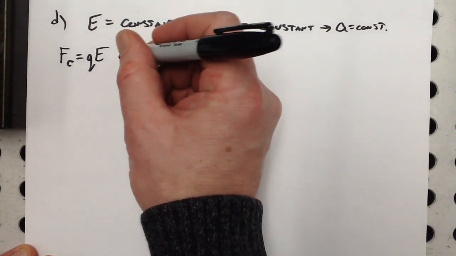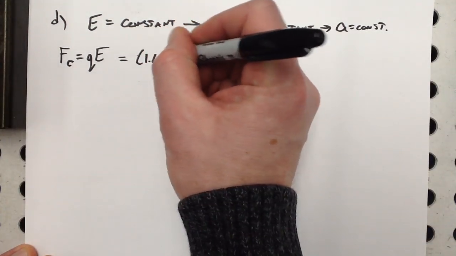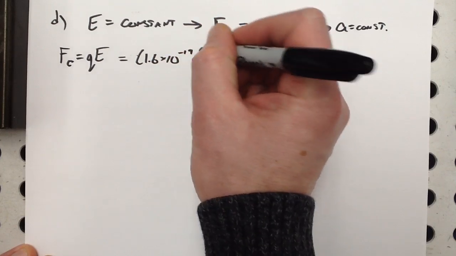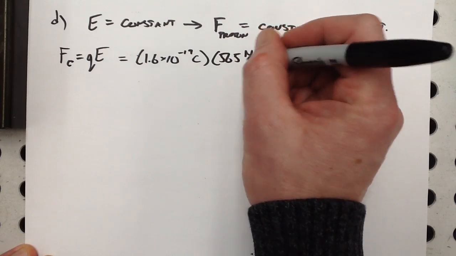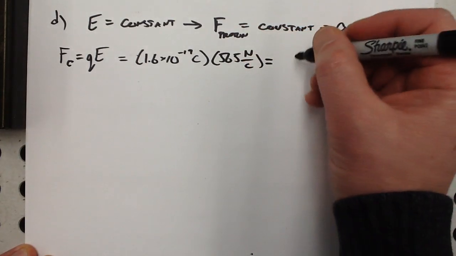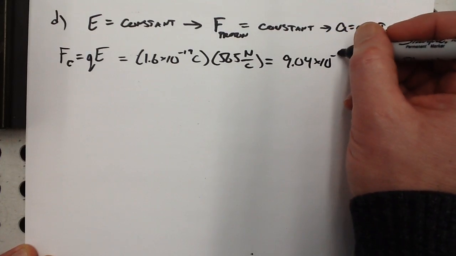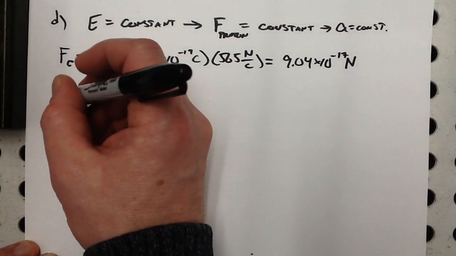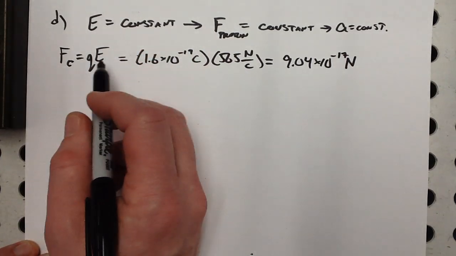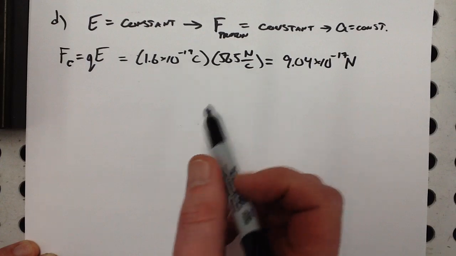Need to find that electric force. So that's my elementary charge times the electric field. So the force on that proton is 9.04 times 10 to the negative 17th newtons. And since this is the only force, we're ignoring the tiny negligible gravitation.